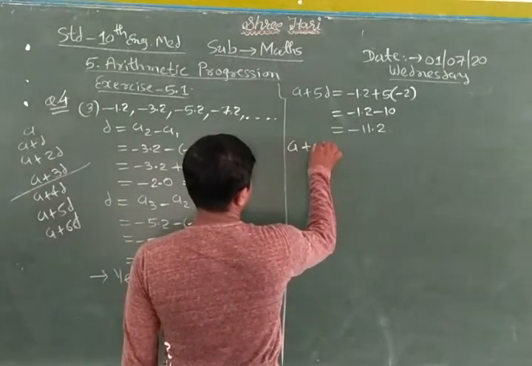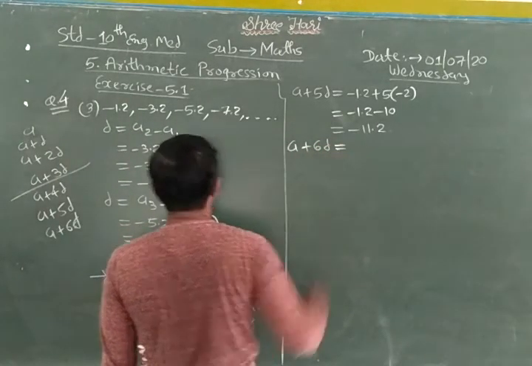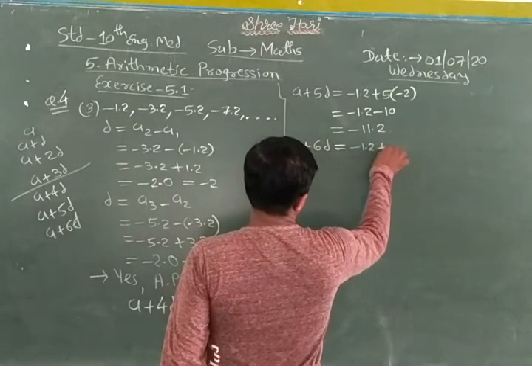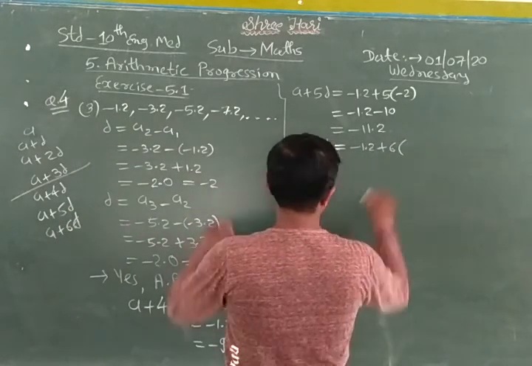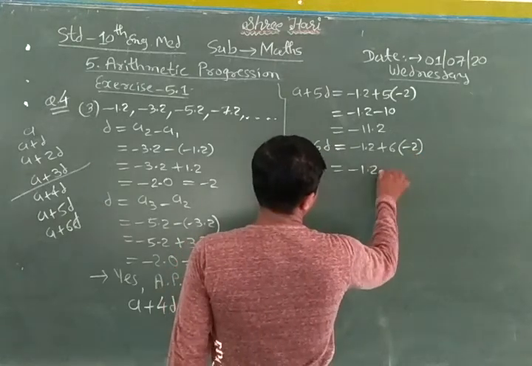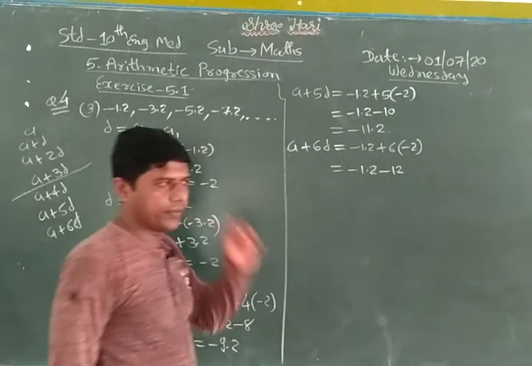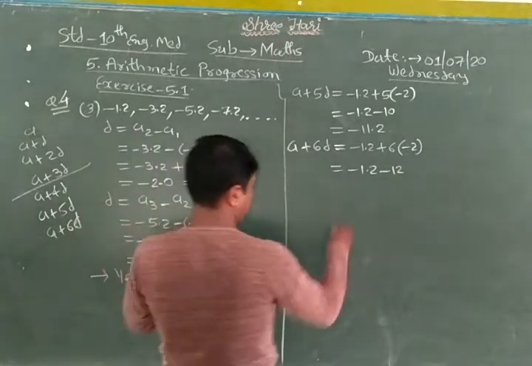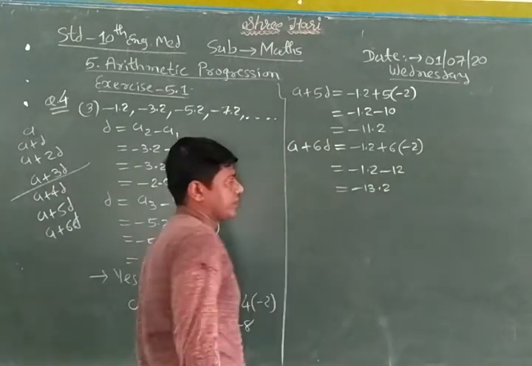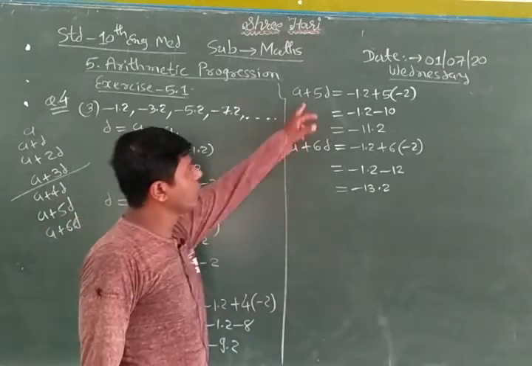Now A plus 6D: A value minus 1.2, 6, D value minus 2. Minus 1.2, 6 twos are 12, plus minus minus, 12 plus 1.2, so minus 13.2. Okay, 1, 2, 3.